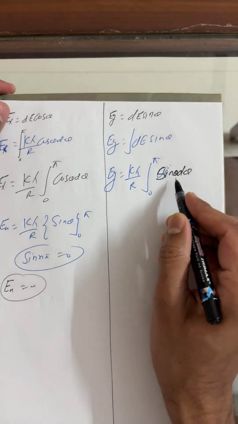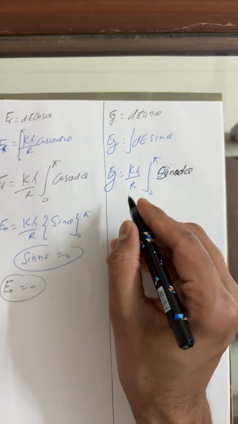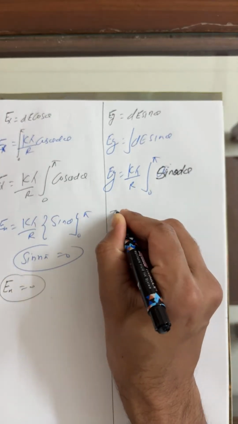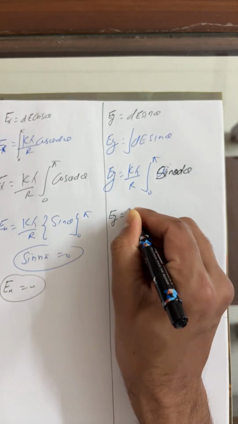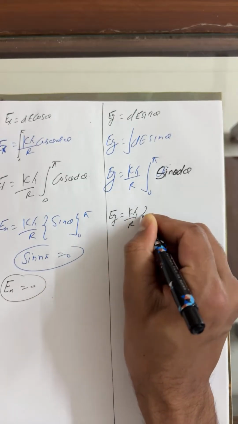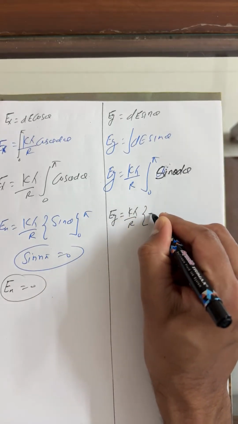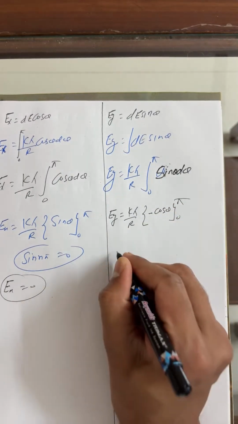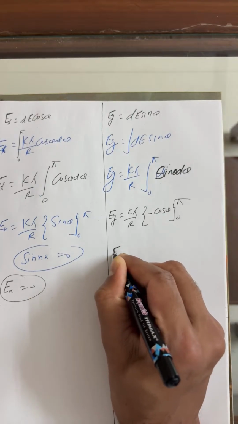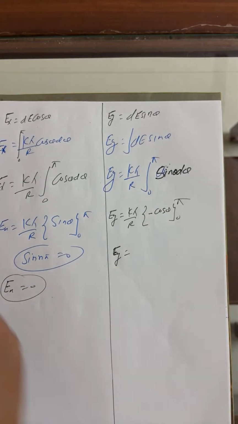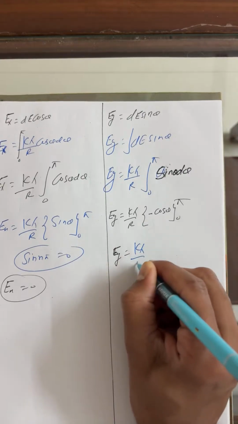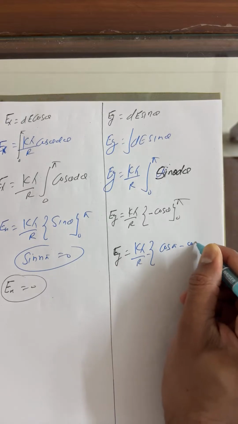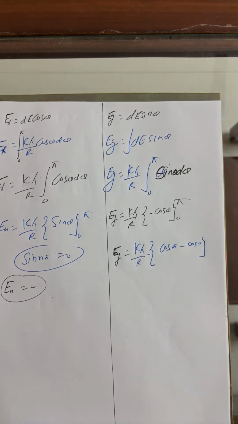Okay, so the integration of sin is minus cos. Keep in mind here, integration and differentiation are opposite to each other. So Ey is k lambda by r, minus cos theta from 0 to pi. So this is k lambda by r times minus cos pi minus cos 0.